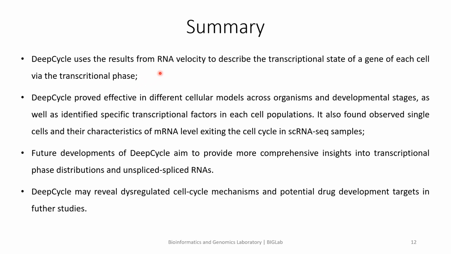And DeepCycle proved effective in different cellular models across organisms and developmental stages, as well as identifying specific transcription factors in each cell population. It also observed single cells and their characteristic mRNA levels across the cell cycle in single cell RNA sequencing samples.